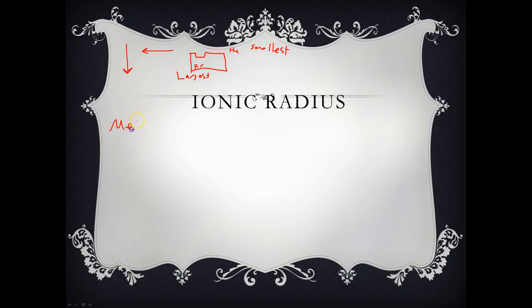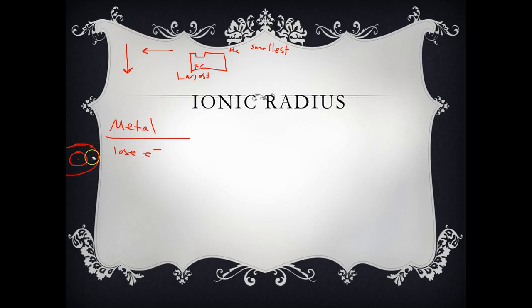So if you have a metal, let's think about metals. Metals like to lose electrons. And think about a picture of an atom, with a nucleus and these electrons hanging out. So let's say we're going to remove that electron.